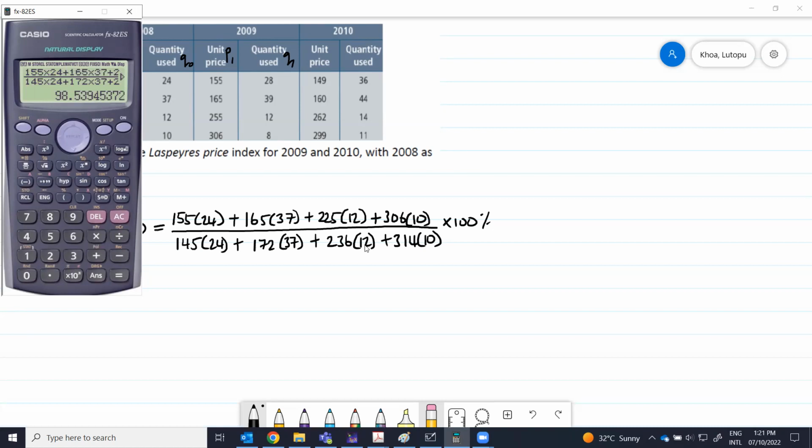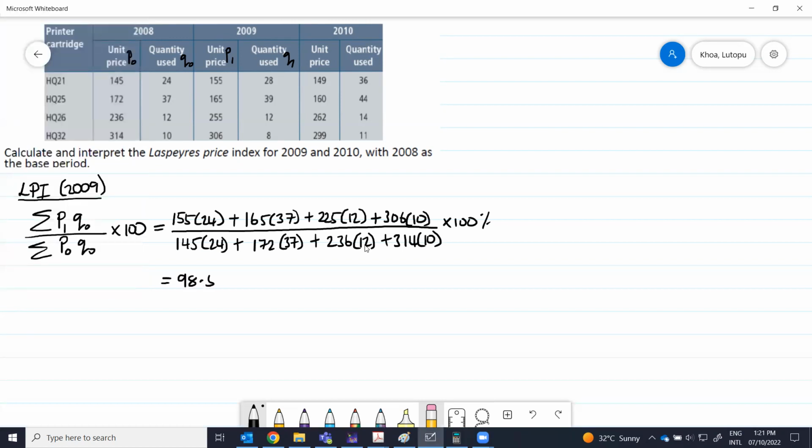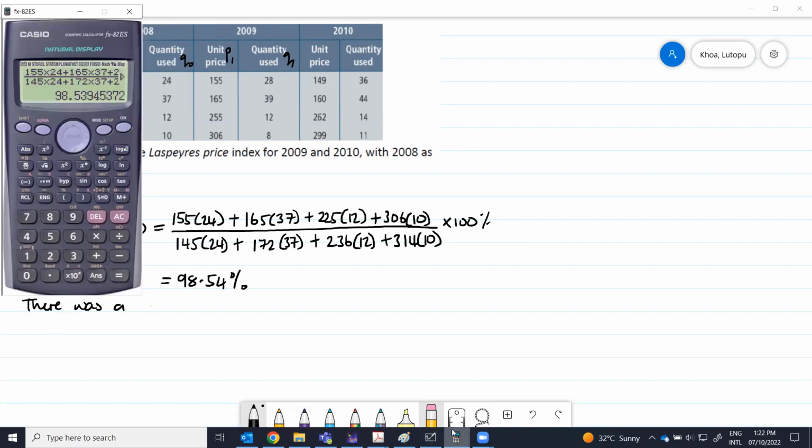Okay, this is 98.54. So we can say that there was, how to work out the decrease, 100 minus 98.54, 1.46.